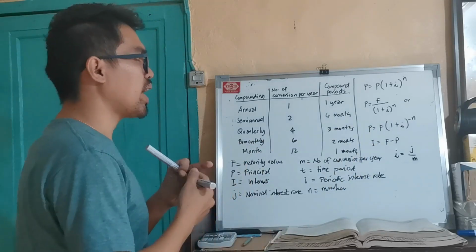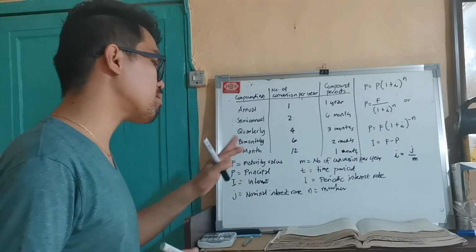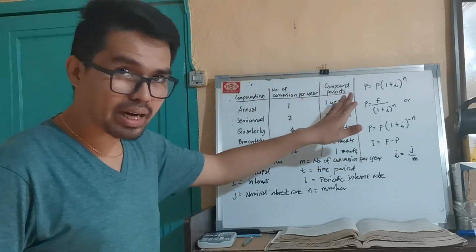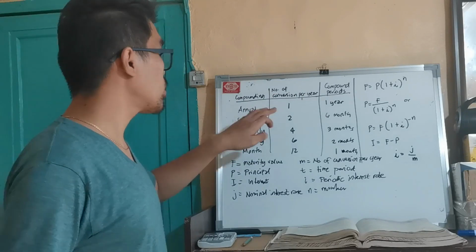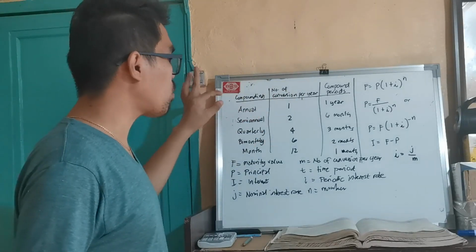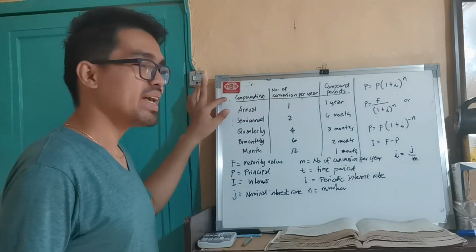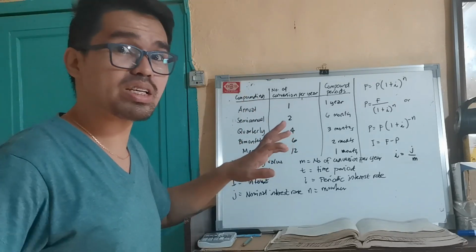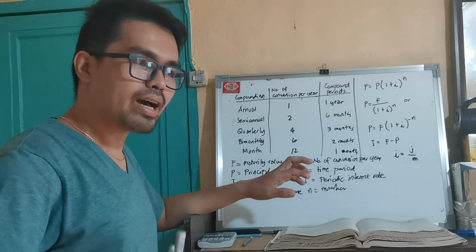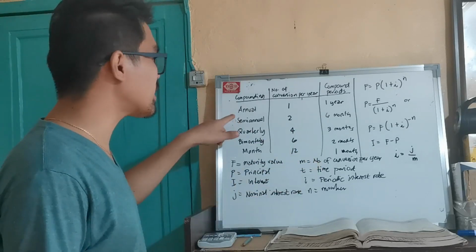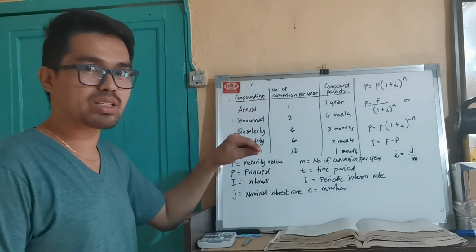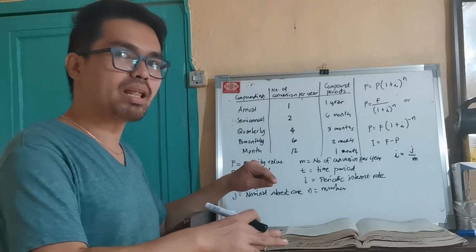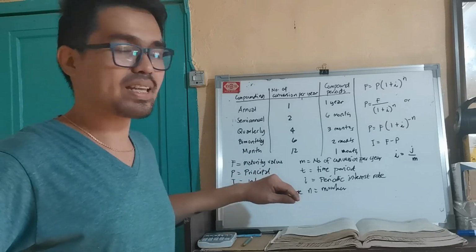Meaning to say, in the compounding period or the conversion period, interest is calculated per year if it is annual. So the compounding period computed using annual computation is very similar to simple interest only during the first year. But on the second year, there is already a difference, because the interest generated during the first year will also now be included in the principal amount in computing during the second year.